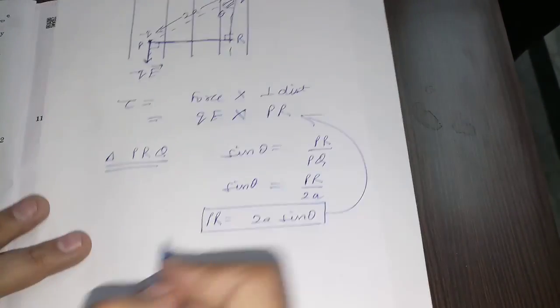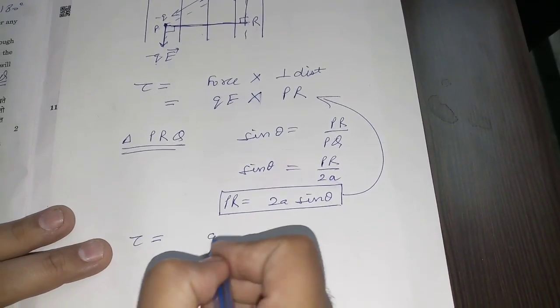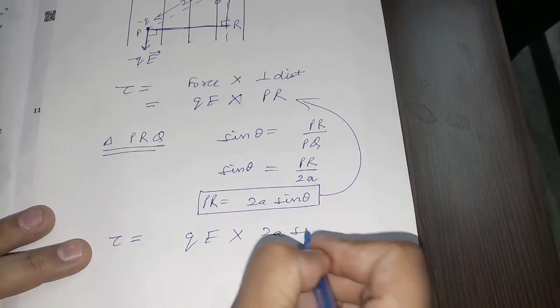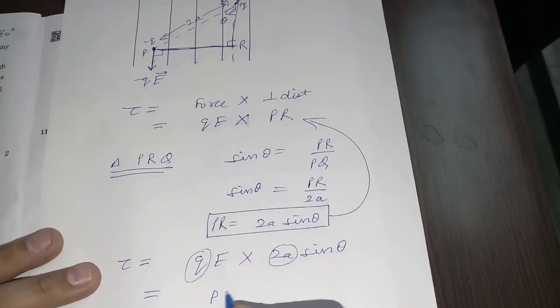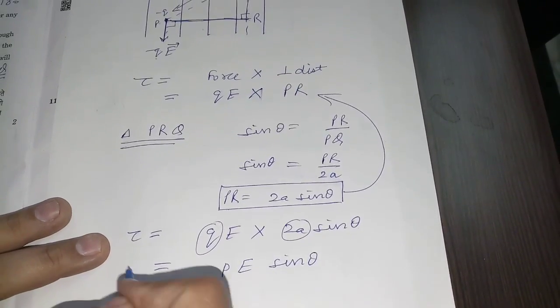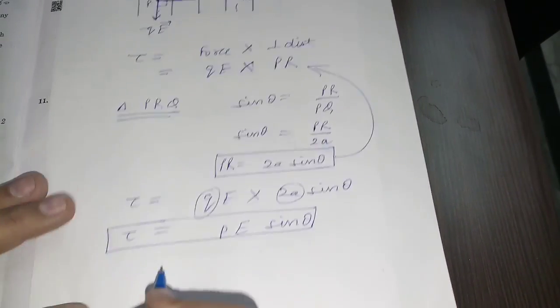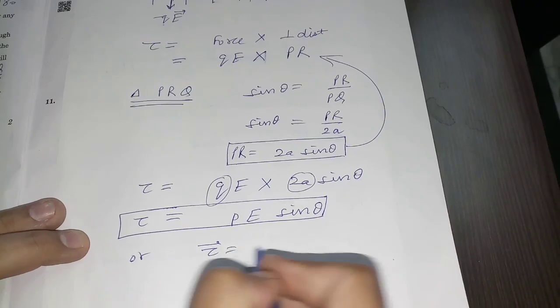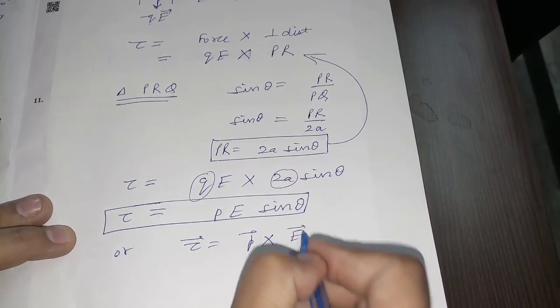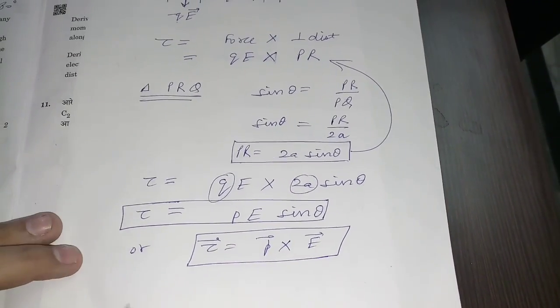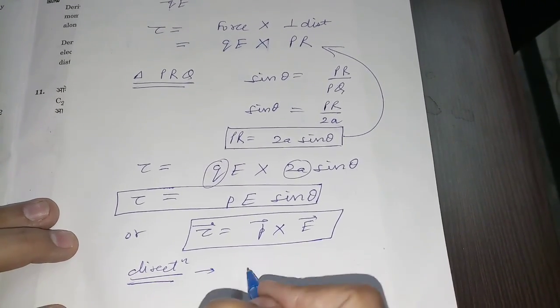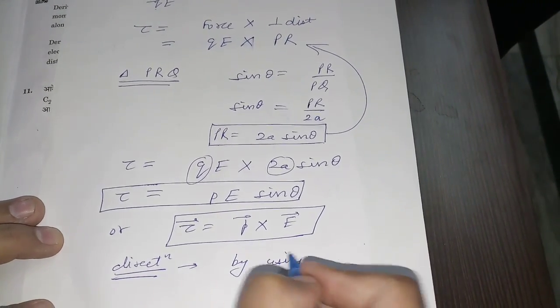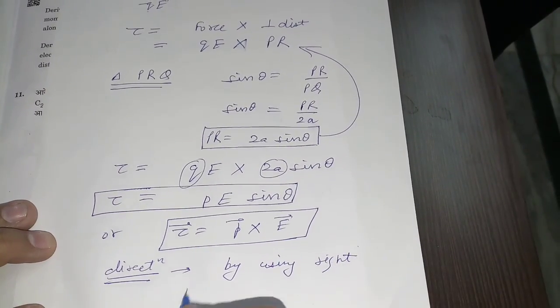If you replace this value over here, you get torque QE into 2A sine theta. Now Q into 2A is P, so the torque is PE sine theta. Or if we write it in the vector form, torque vector is equal to P vector cross E vector. And how can we find the direction? By using the right hand thumb rule.